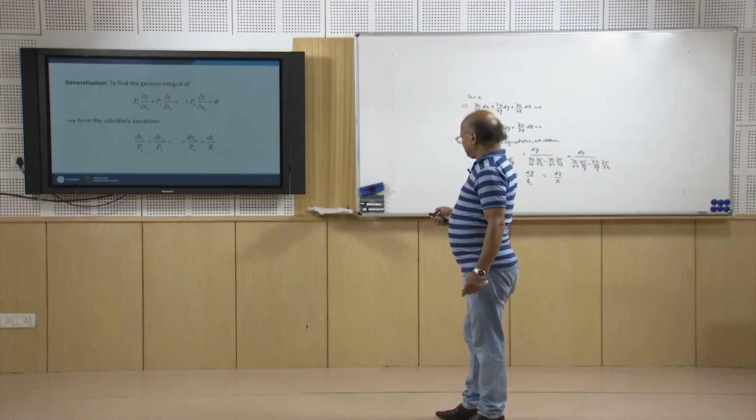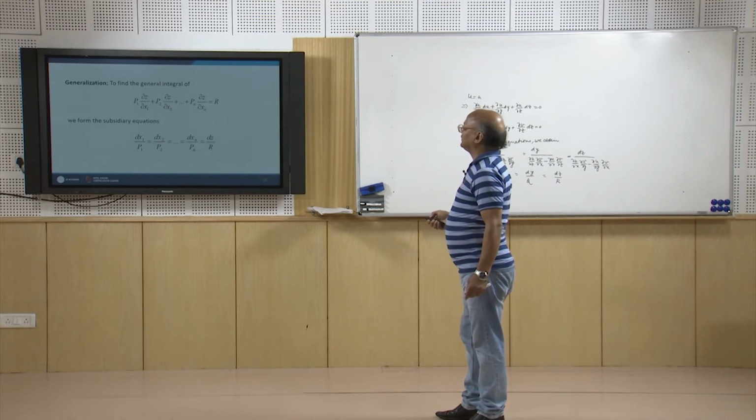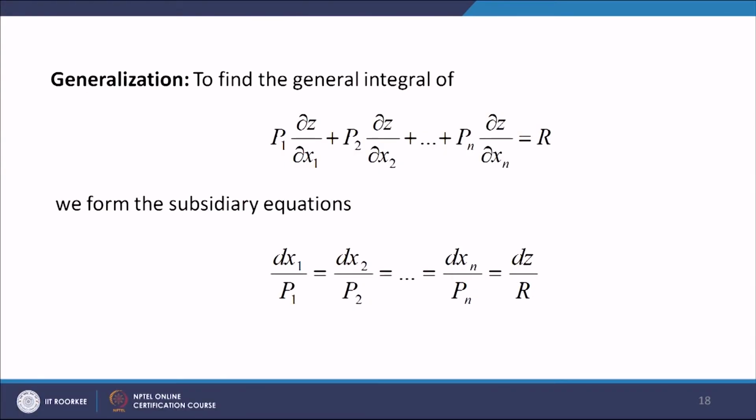Now this can be generalized to the case of n independent variables. Suppose z is a function of n independent variables x1, x2, ..., xn, and we are given the partial differential equation p1 delta z by delta x1 plus p2 delta z by delta x2 plus ... plus pn delta z by delta xn equal to r, where p1, p2, ..., pn and r are functions of the variables x1, x2, ..., xn and z.